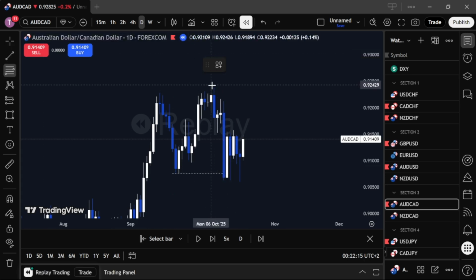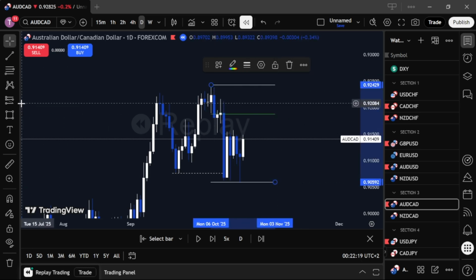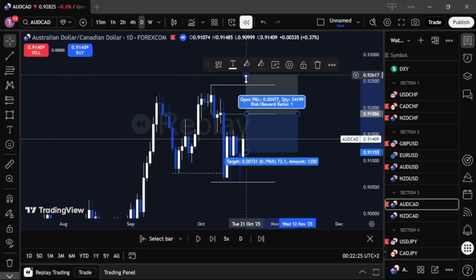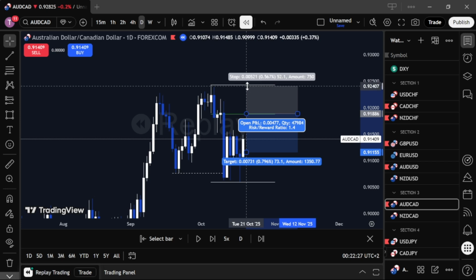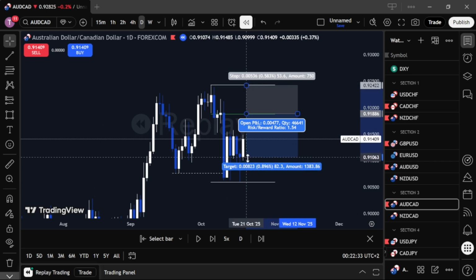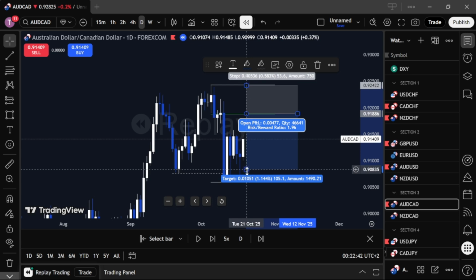Then when I used my fibs, my entry was right there. And just like the previous trades, I only aim for 1:2 risk to reward. Something like this.